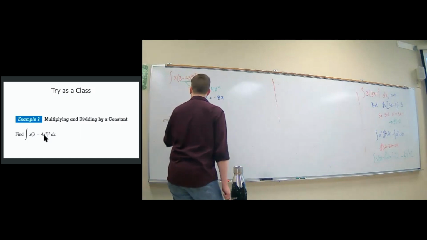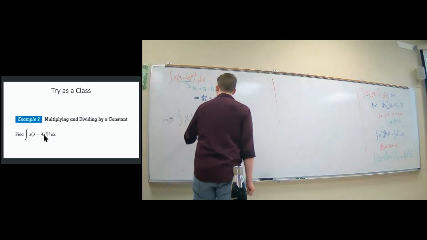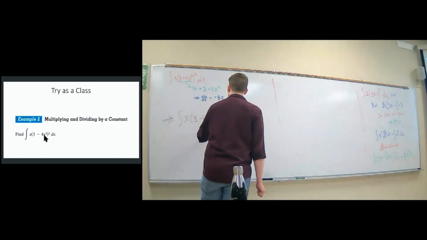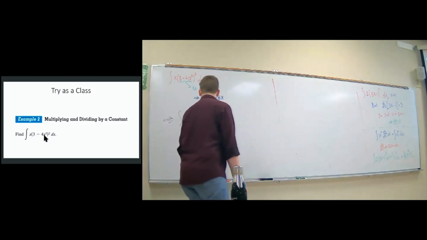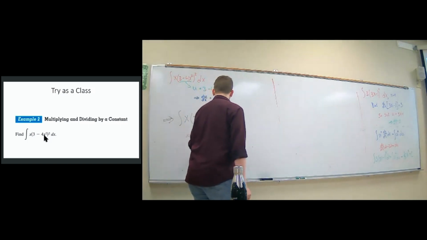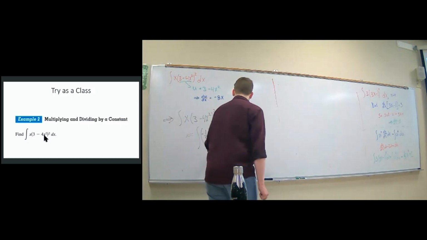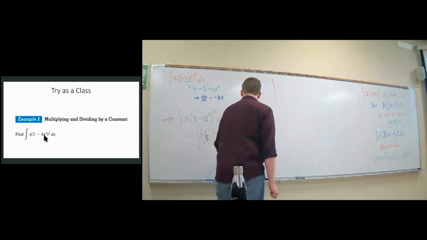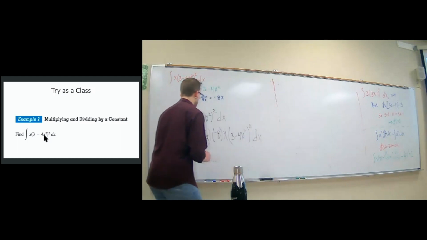The integral of x times (3 minus 4x squared) squared dx is equal to the integral of -1/8 times -8 times x times (3 minus 4x squared) squared, integrated with respect to x.